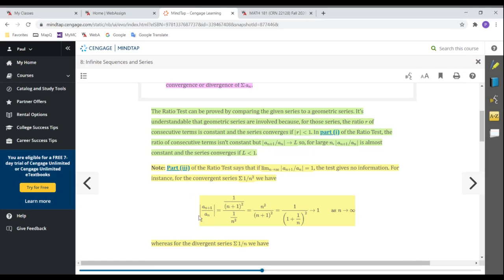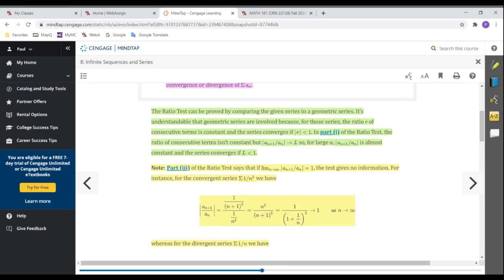But if you just want to apply the ratio test, the n plus first term would be 1 over n plus 1 squared. The nth term is 1 over n squared. And the ratio of those terms as n goes to infinity is 1. So you can't use the ratio test to establish convergence of a p series because the ratio test gives no information. That's just an example of where the ratio test fails.